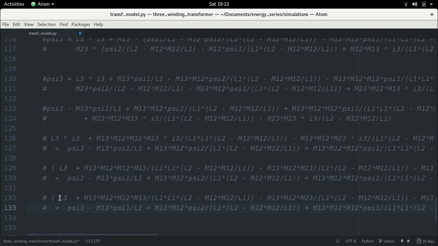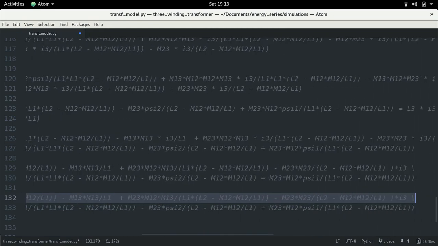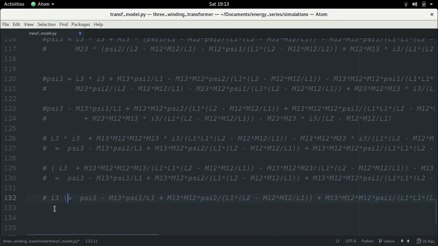And let me just cut this out. This is I3. And now I'm going to bring this up here. This is the right hand side.